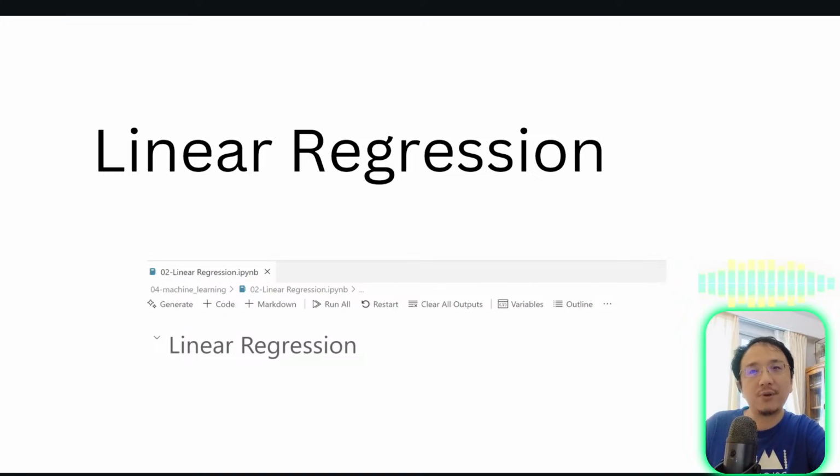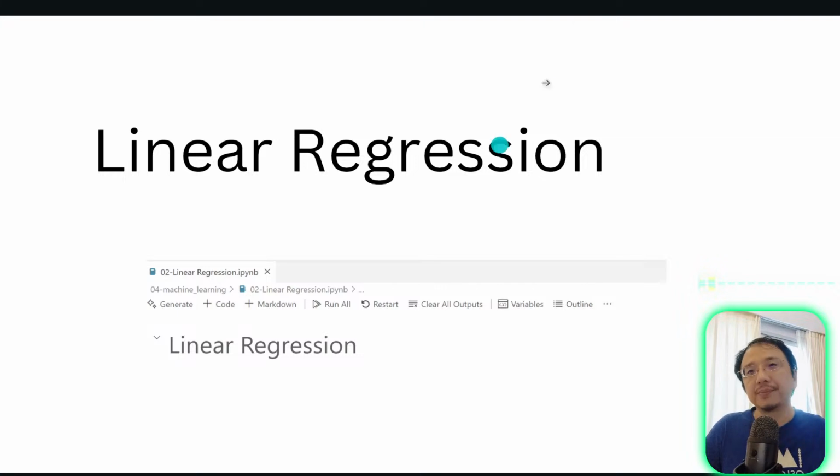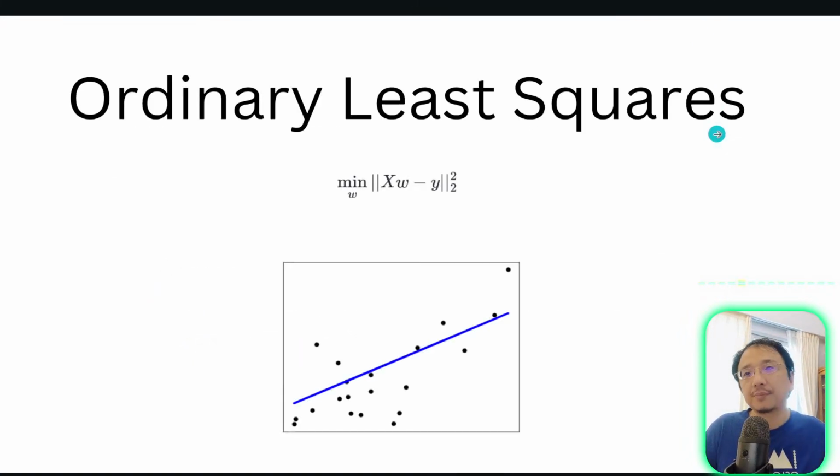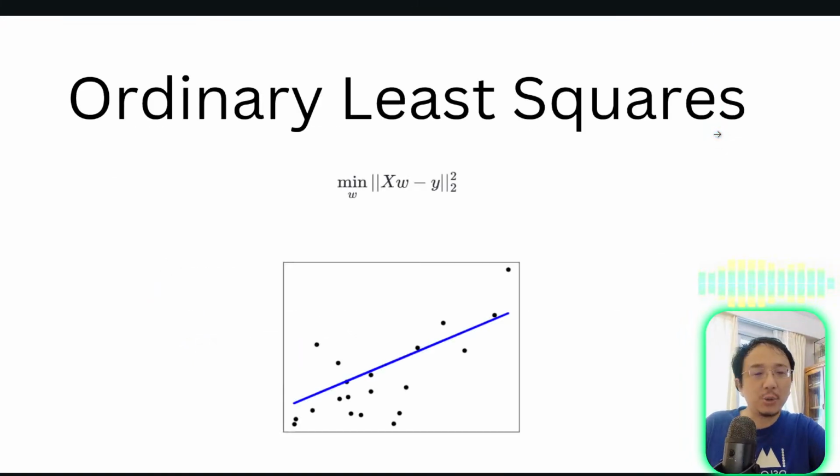The first is linear regression, and you can find the notebook in our class repo. The primary notebook for linear regression is 02 linear regression .ipynb. So what is linear regression?